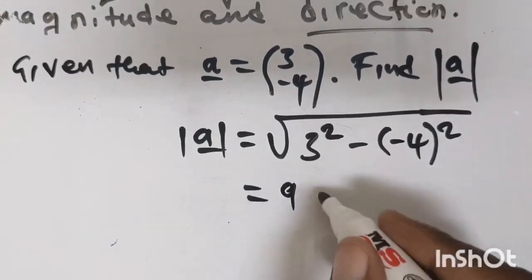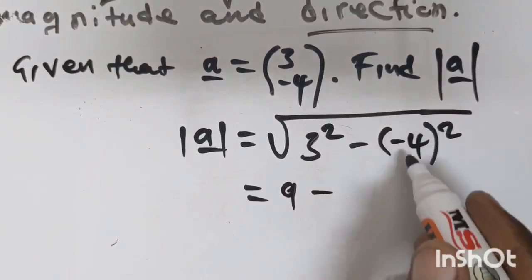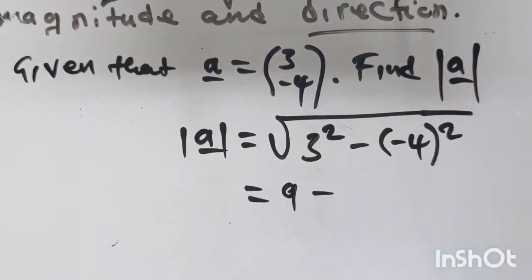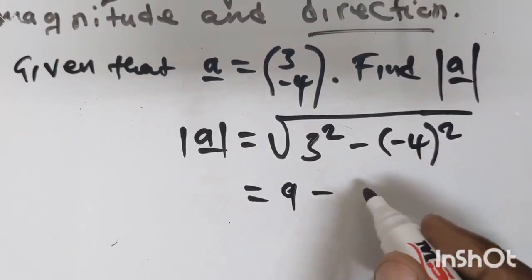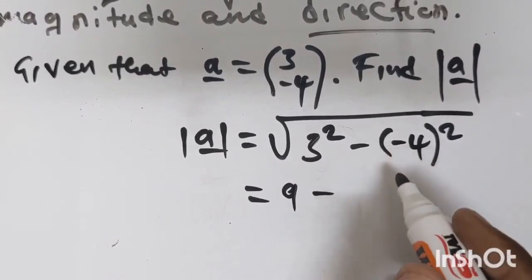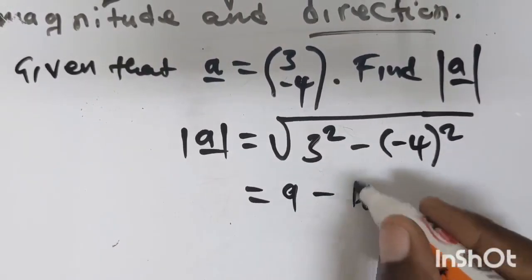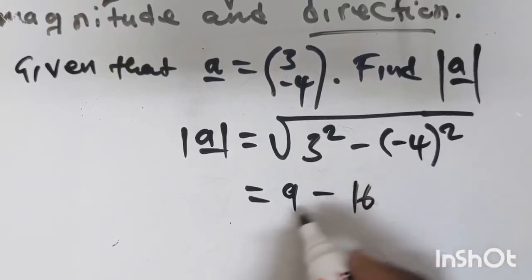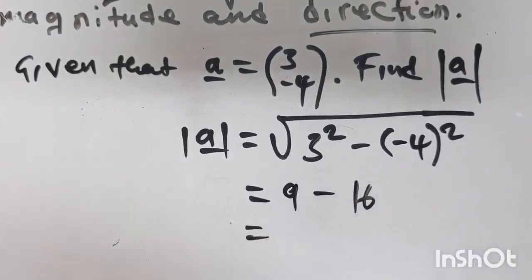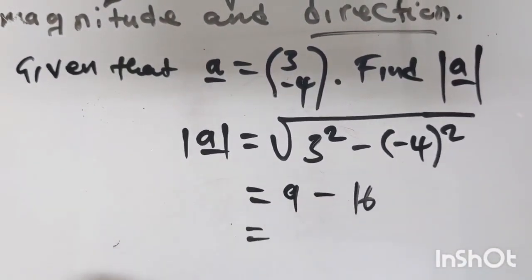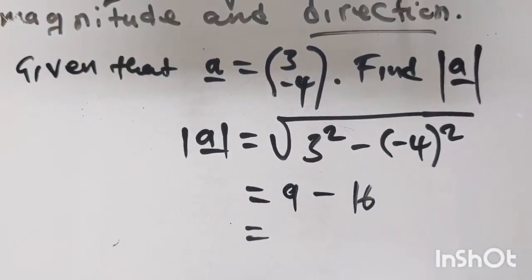Minus, what is 4 squared? 4 squared is 16. So we are going to say 9 minus 16.